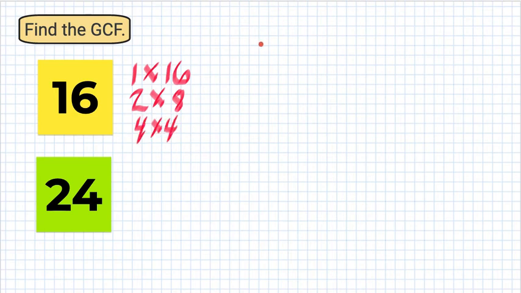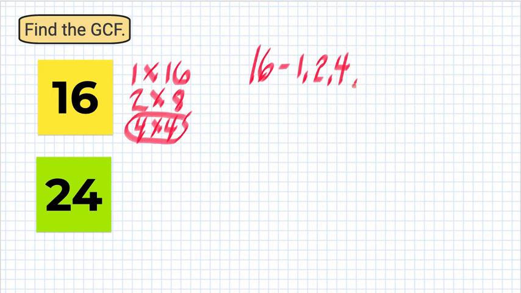So therefore, the factors of 16 in ascending order from least to greatest are 1, 2, 4, 8, and 16. So 16, how many factors? 1, 2, 3, 4, 5. 16 has 5 factors.